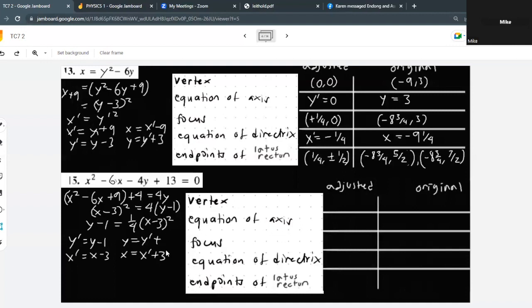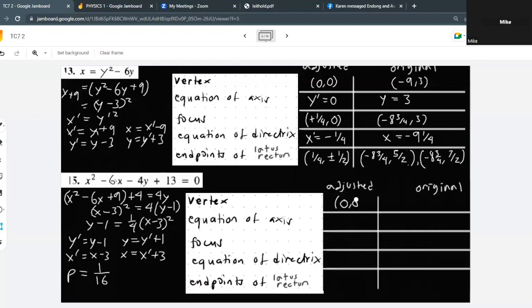6x plus 9. Nine plus 4 is 13. 4y minus 4. Okay, y minus 1 is 1/4 x minus 3.